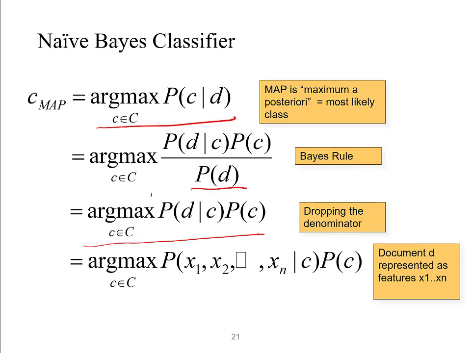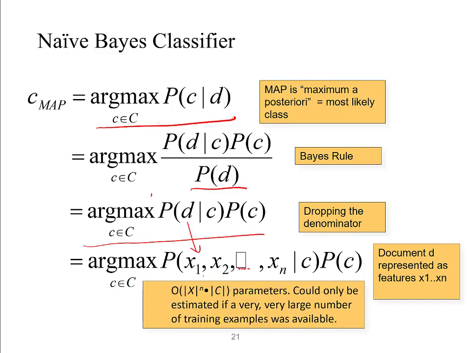Here, as you have remembered, we represent D using a bag of words, as the frequency of each word. So D is represented as x1 to xn. Then we convert the formula from here to here.